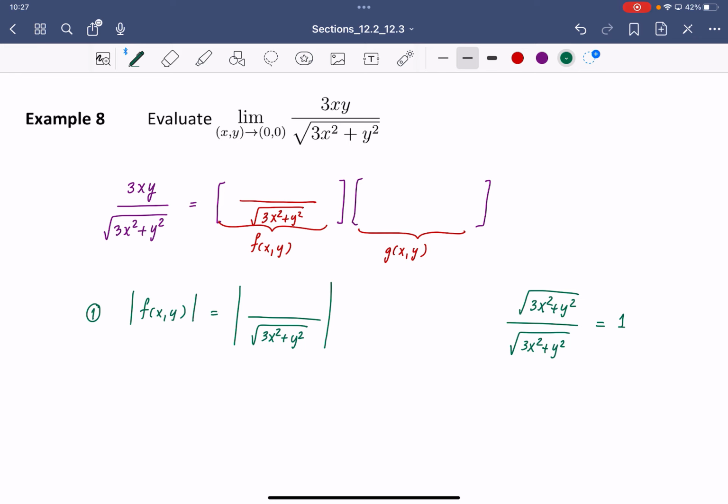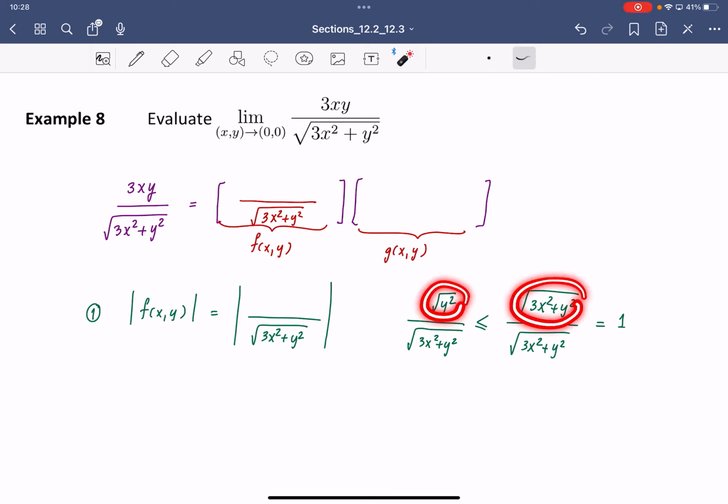So you can say this one is going to be bigger than, if you keep the same thing here, 3x squared plus y squared. On the top part, which one is smaller than the right hand side? This is always positive, right? Then if I delete this one, is it okay? Should be okay, right? This one is less than this one for sure, because this one is bigger than or equal to 0.